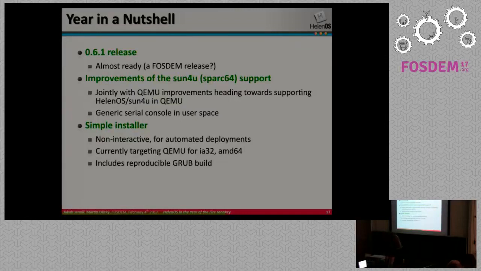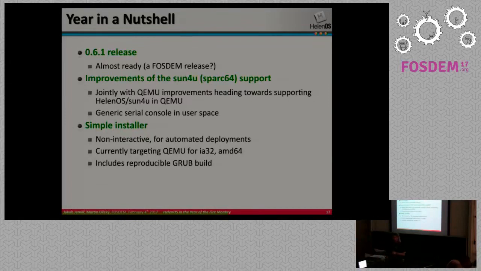This has been linked with somehow generalizing our user space serial console code. So previously there were different ways to use the user space serial console on different platforms, and this has been somehow unified.